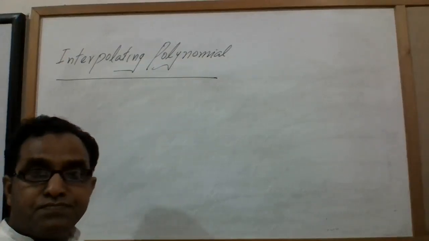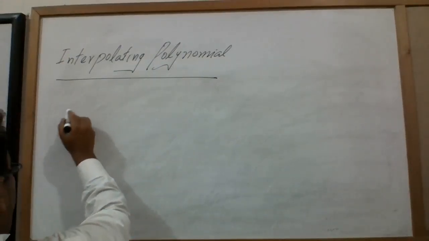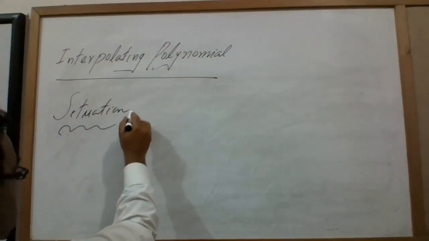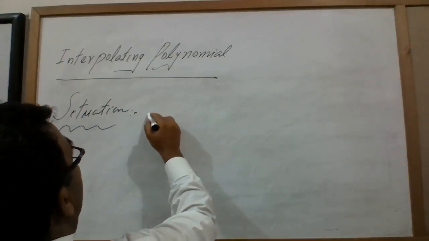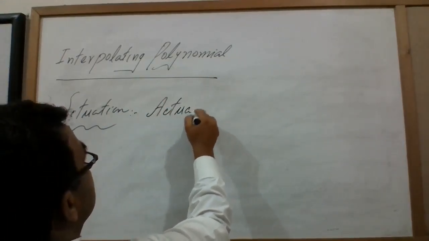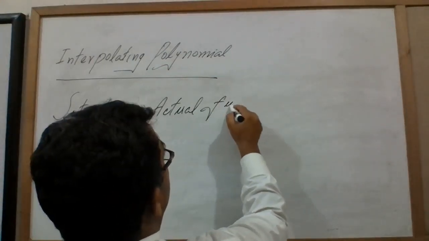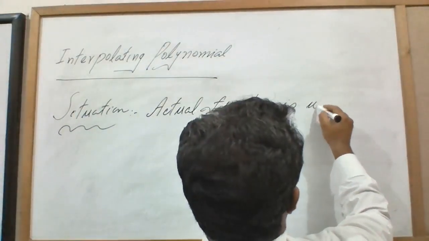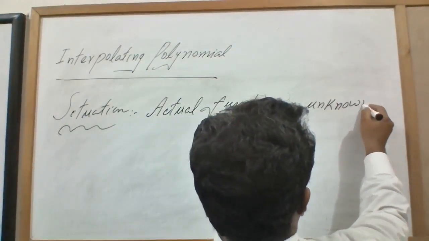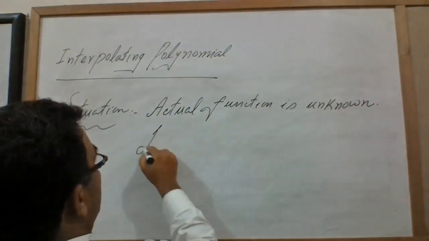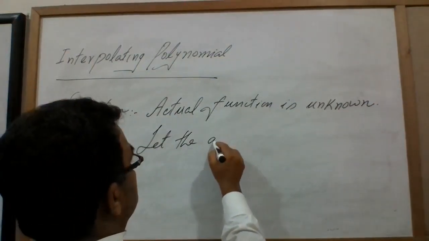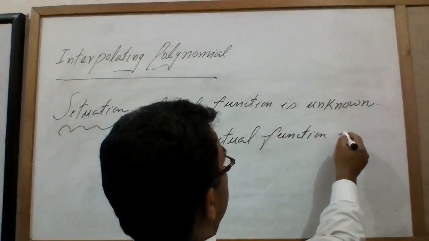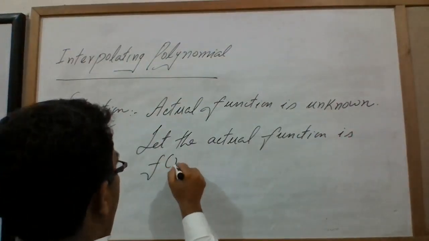Interpolating polynomial. The situation is that the actual function is unknown. Let the actual function be f of x.